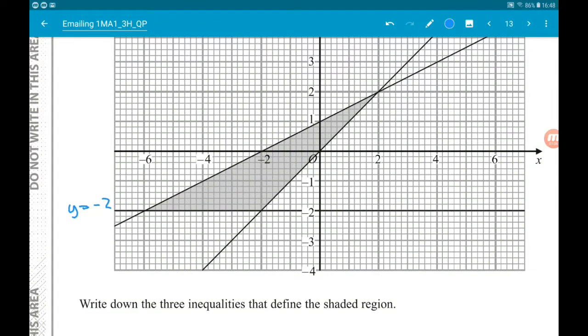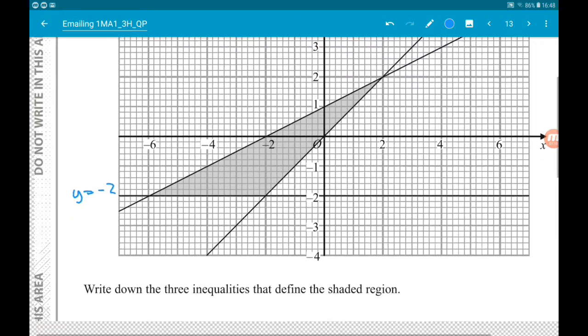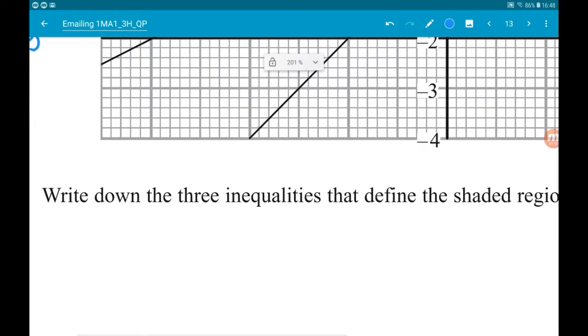All of the inequalities are or equal to ones because all the lines are solid and not dashed.